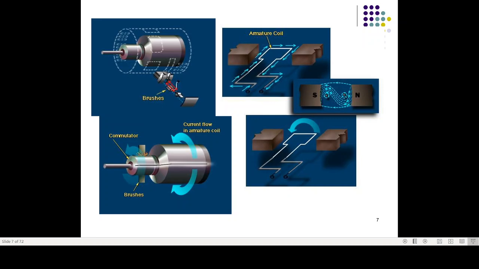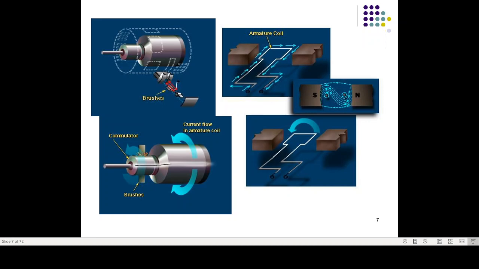Okay? And according to the fundamental laws of nature, no energy conversion is possible until there is something to oppose the conversion. Okay, in case of generators, this opposition is provided by magnetic drag. But in case of DC motors, there is back EMF.